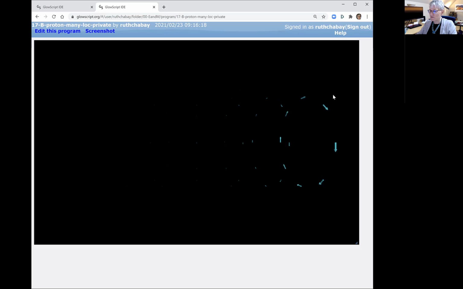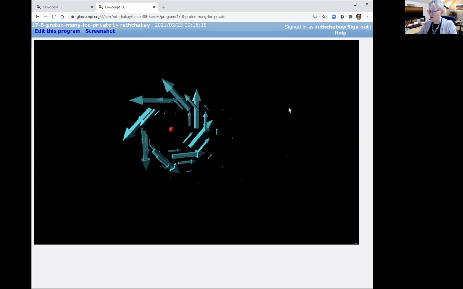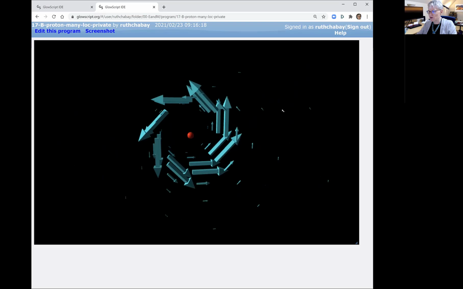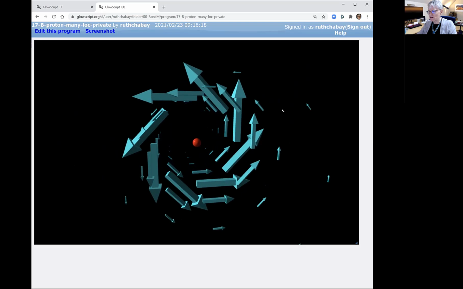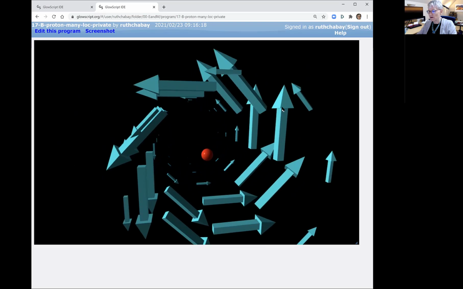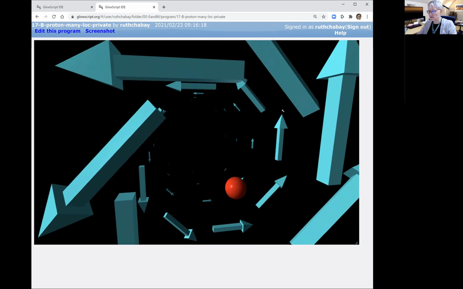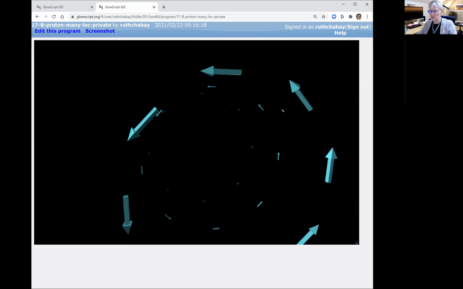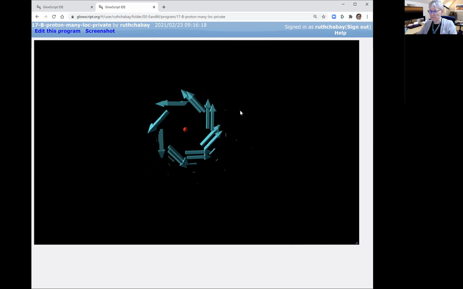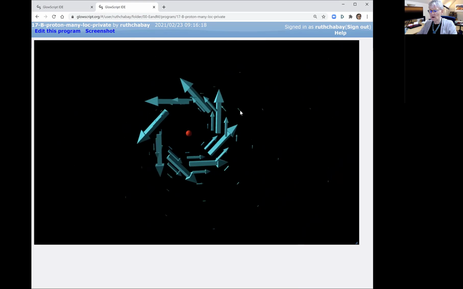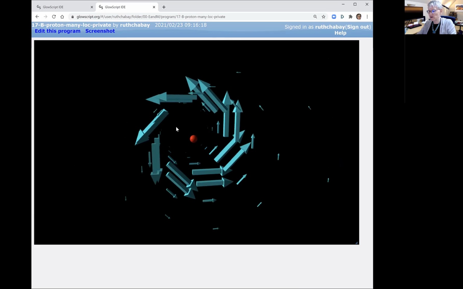And if we rotate our view so we're looking directly at the moving proton, we can see that at these observation locations, the magnetic field is perpendicular to the direction of motion of the proton. And it also depends on the observation location.